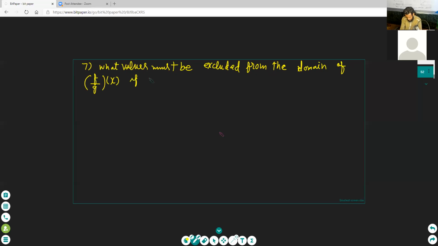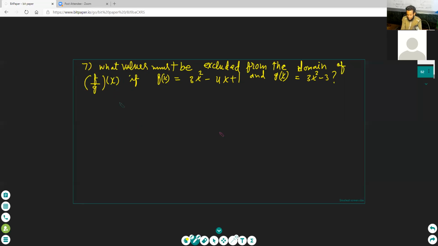If f of x is equal to 3x square minus 4x plus 1 and g of x is equal to 3x square minus 3, so we need the domain of f of g of x, okay?